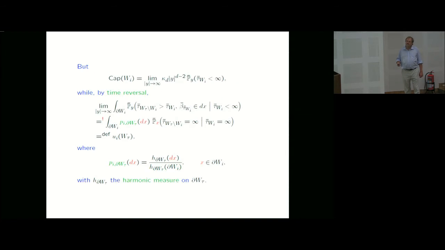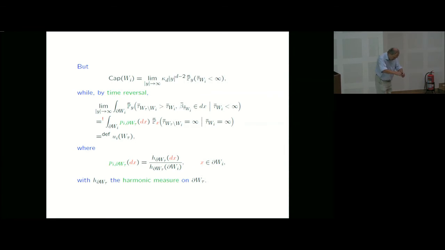And this you can do by time reversal, and you finally end up with an integral that involves a probability distribution on the surface of the ith Wiener sausage, some object that is related to what is called the harmonic measure, times the probability that when you start on the boundary of the ith Wiener sausage and you are conditioned not to return to that sausage at all, you manage to forever escape all the other Wiener sausages too.